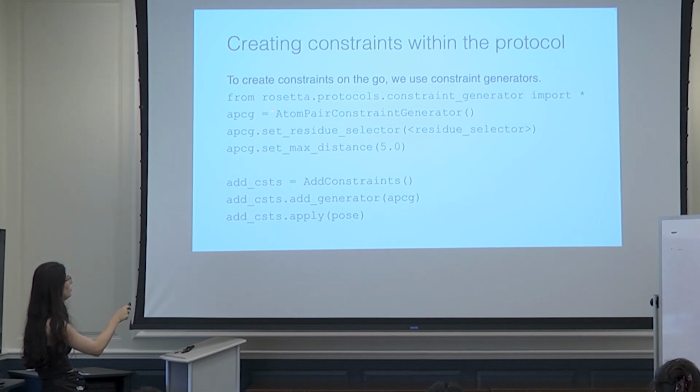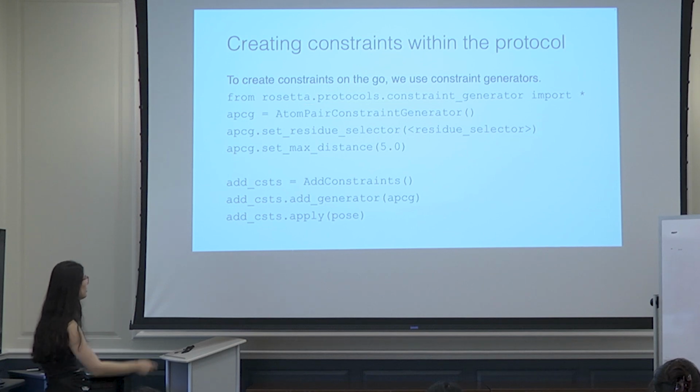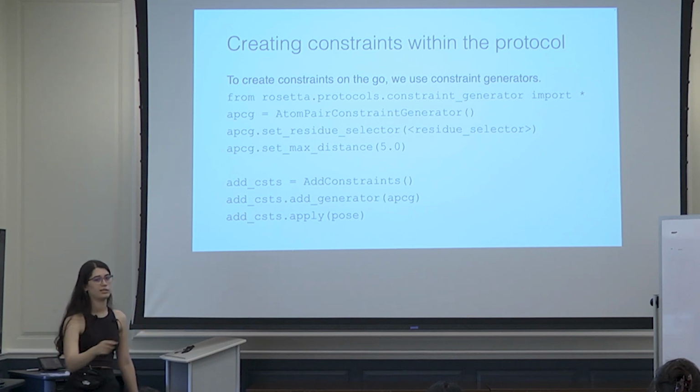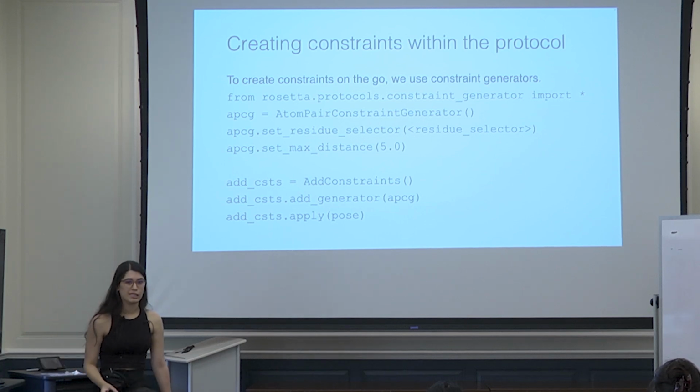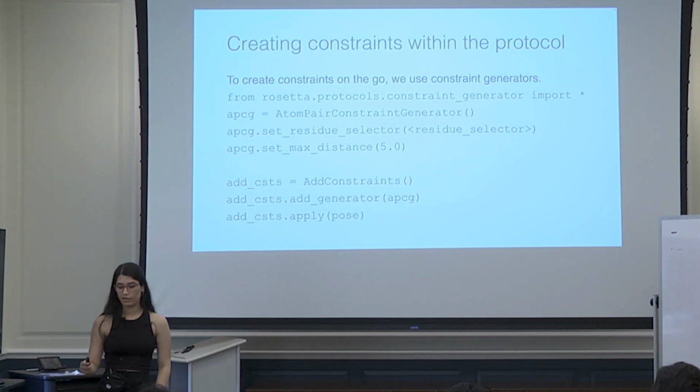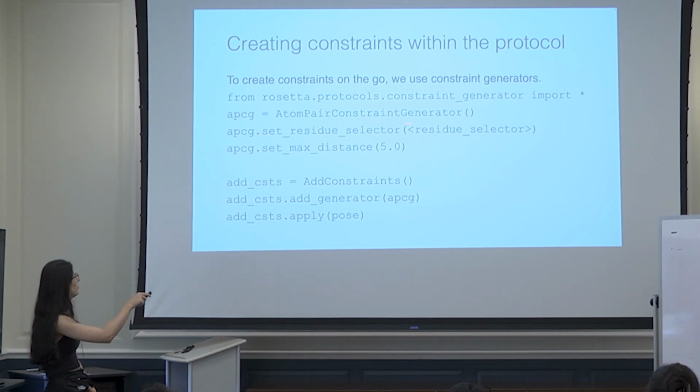So you will need to determine exactly what type of constraint it is. This one is for a pair of atoms, and you'll also need to select residues. We don't cover residue selectors explicitly, but I think with the level of expertise that this group has, it is quite easy to use residue selectors by just reading the PyRosetta documentation. And you'll be given an example of how to do this.